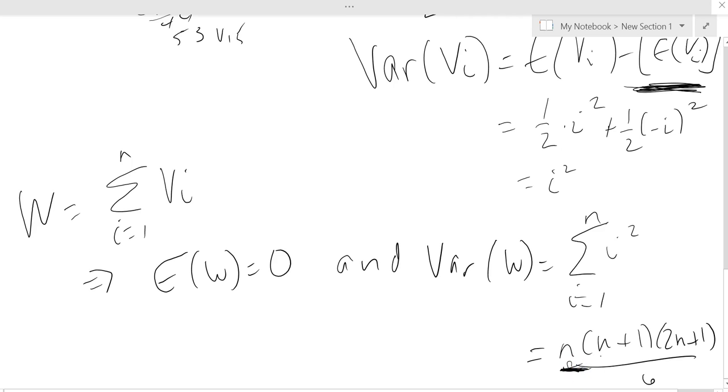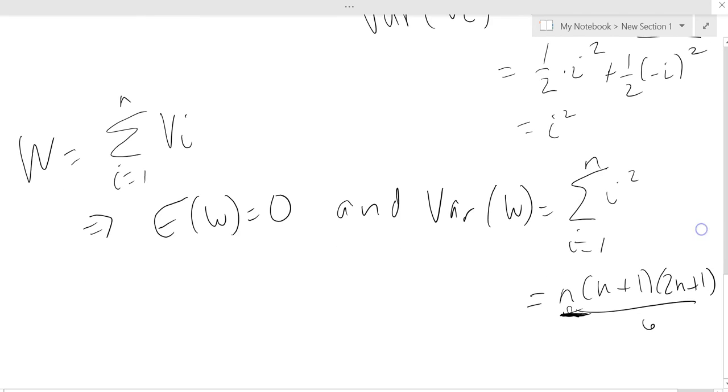You would have seen it in Calc 1. You would have seen it in discrete. You saw it here. Yeah, you can prove that by induction. It's fun stuff. All right, anyway, there's the variance.